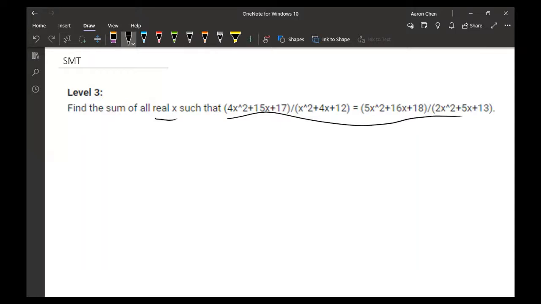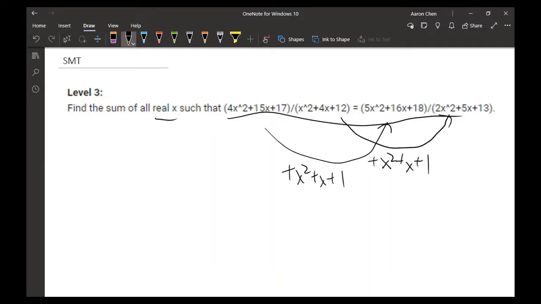One of the first things we can notice is that we just need to add x squared plus x plus 1 to the numerator here to get to the numerator there. At the same time, the denominator just needs to add x squared plus x plus 1.